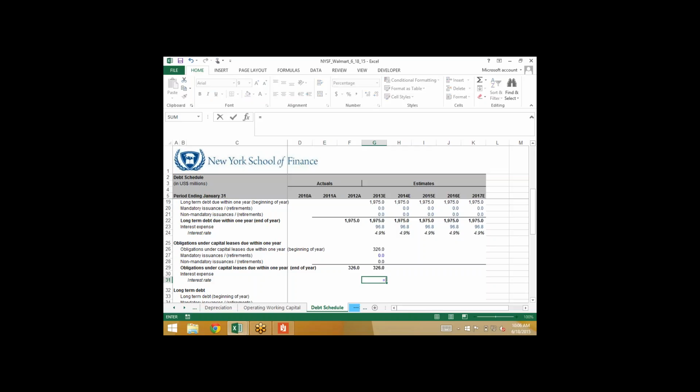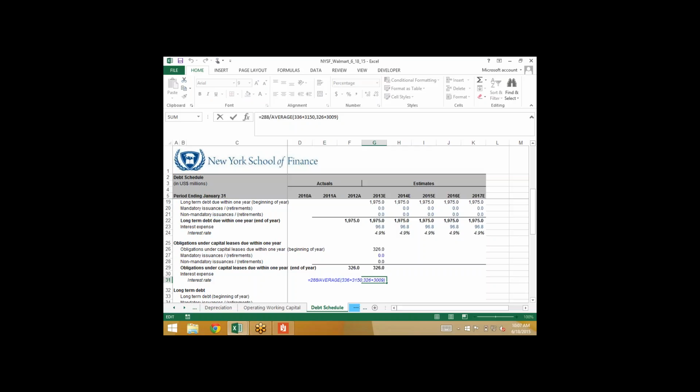So just to match the book, 288 divided by the average of 336 plus 3150, comma, 326 plus 3009. That gives 8.4.